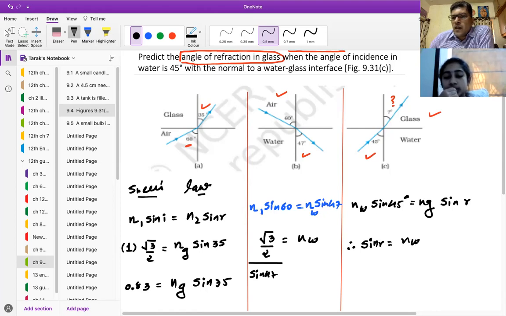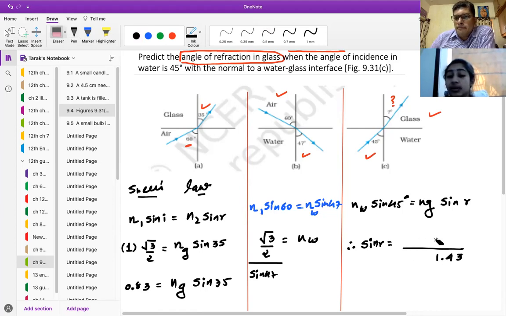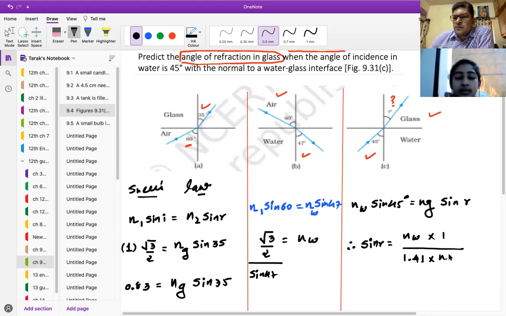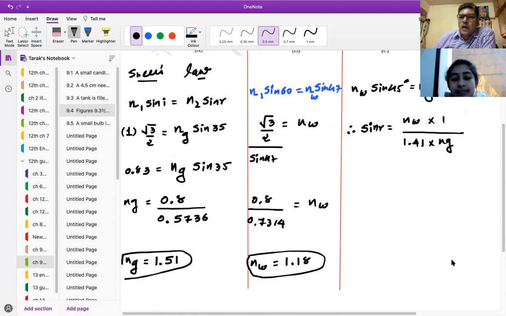Sine 45 is 1 upon root 2, and root 2 is 1.41. So I'm putting n of water, sine 45 multiplied by 1.41, and n of glass. Chalo, now I have both values readily available.